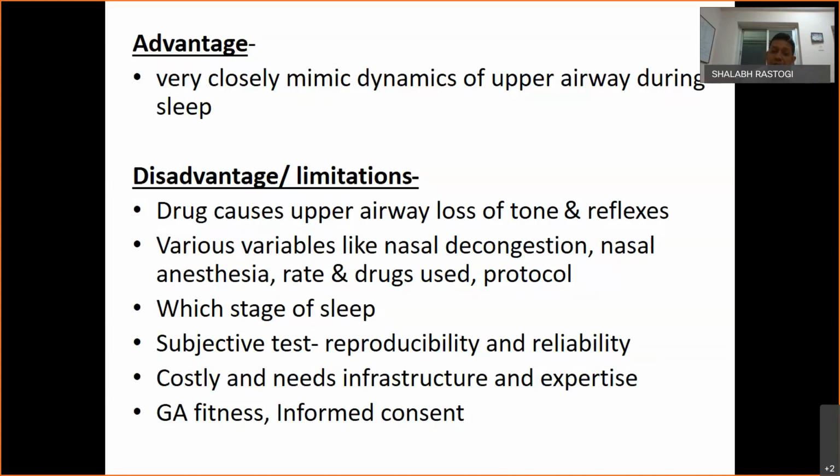Obviously, it is costly as it needs infrastructure and expertise. And the most important thing is it requires general anesthesia fitness and informed consent. It is a potentially fatal procedure, so you should explain these things to the patient. And if the patient listens to all those things, he may not be ready for the procedure.